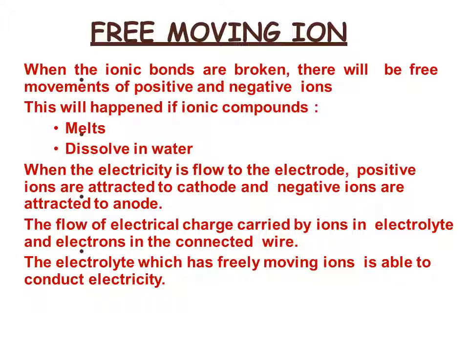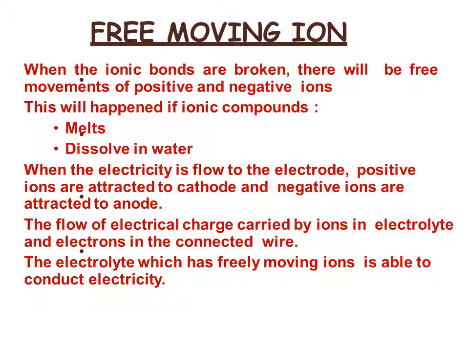That means free moving ions in the water. This will happen if ionic compounds melt or dissolve in water, as we talked in electrolyte. If it doesn't dissolve or melt, the movement of ions is not free.